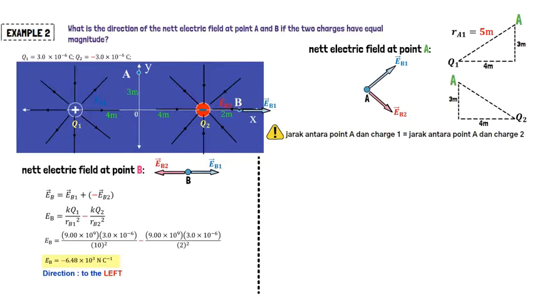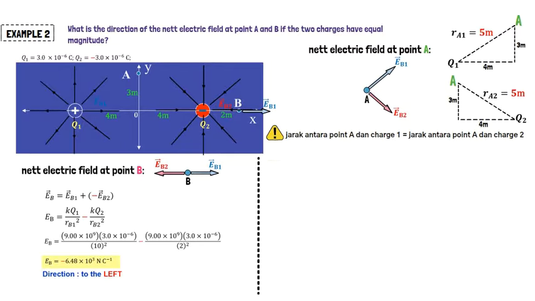Okay? So, very easy. And then for the second point, you must remember that the question state that the magnitude of both charges Q1 and Q2 is equal magnitude. Magnitude-nya sama tetapi charge Q1 positive charge, charge Q2 is negative charge. Okay. So now we can try to resolve EA1.